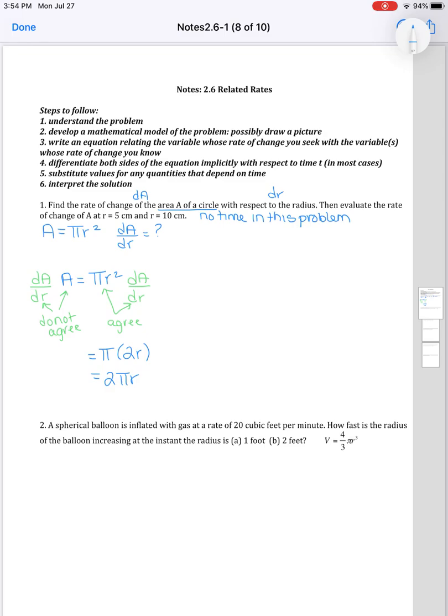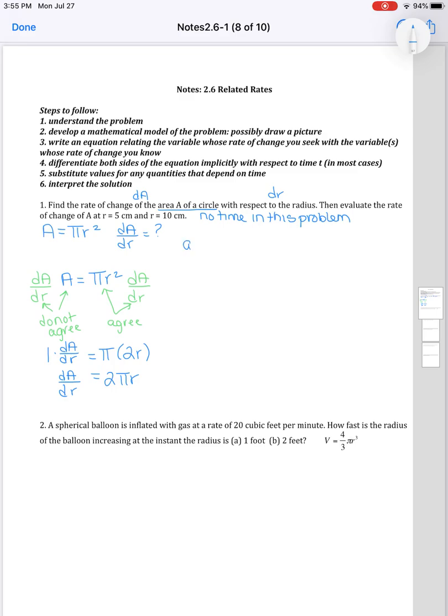These don't. So these do not agree. These do agree. Okay, so think implicit when you're writing this out. So when they agree, we're good. You just take the derivative. So pi r squared, pi hangs out, and the derivative of r squared is just 2r. So that gets us 2 pi r.